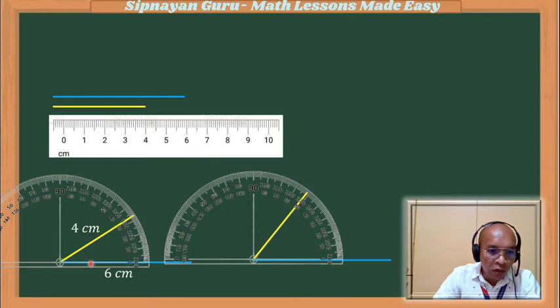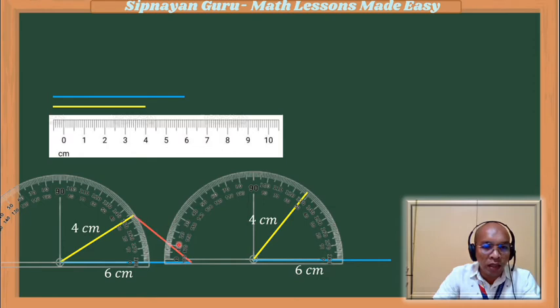In the first figure, the angle is approximately 33 degrees. The angle here is 50 degrees. Now, how long is the third side? Using the same measuring device, if you connect the sides to make a triangle, the third side measures 3.3 centimeters, while the other one measures 4.5 centimeters.